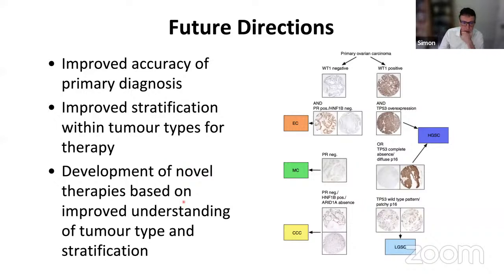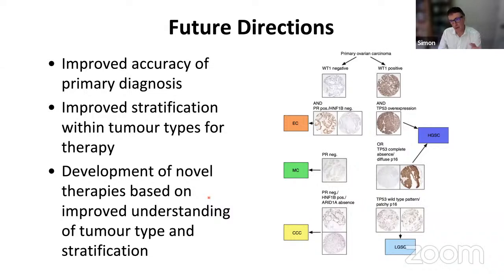We've certainly got some work ongoing in our group looking in low-grade serous carcinoma to see if there are existing agents that can be repurposed to help in the management of women with low-grade serous carcinoma. They're often young women. It's a disease that is relapsing and remitting.